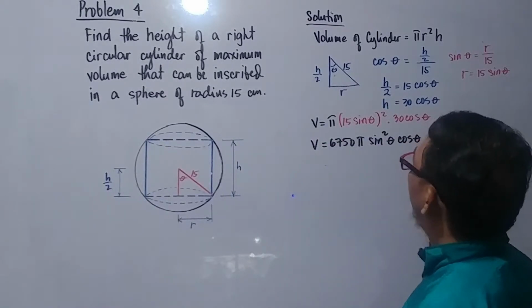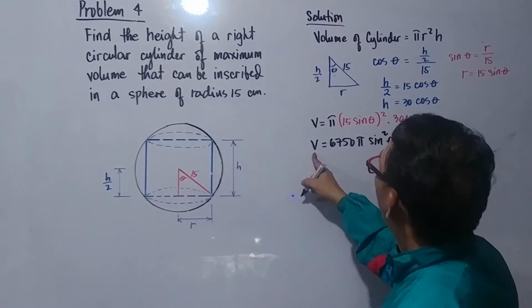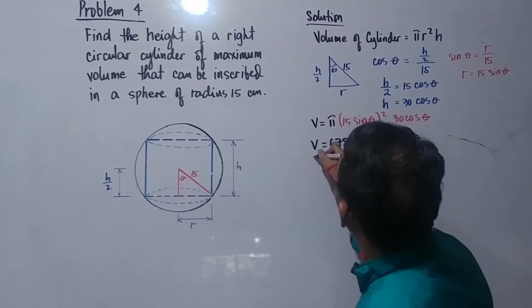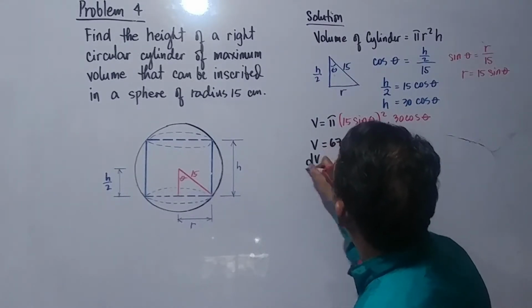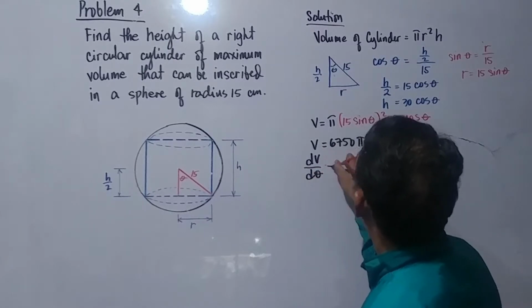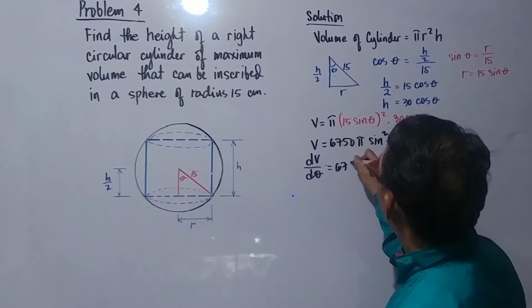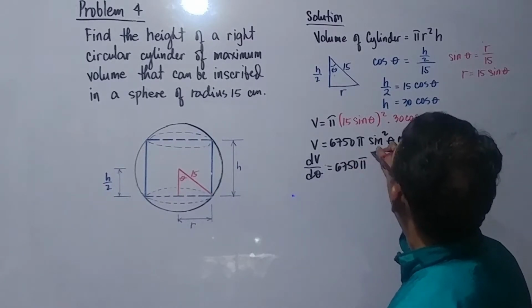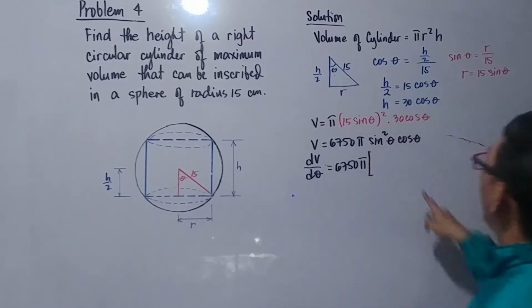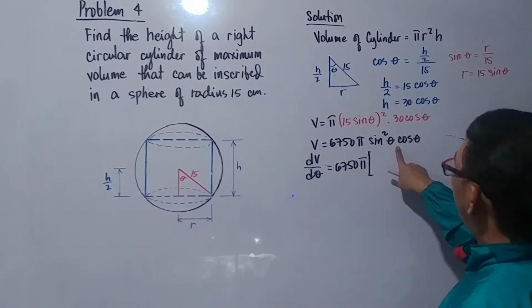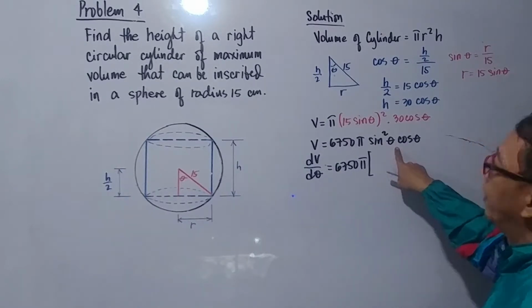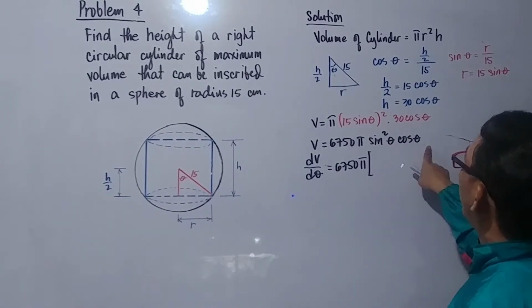Differentiate now the volume. So, dV over d theta equals, take out this constant, 6750 pi. Now, as you notice, we have multiplication, so we have to differentiate the multiplication.